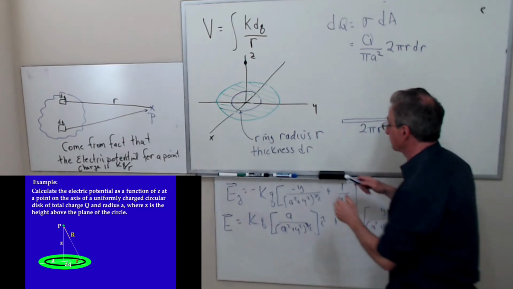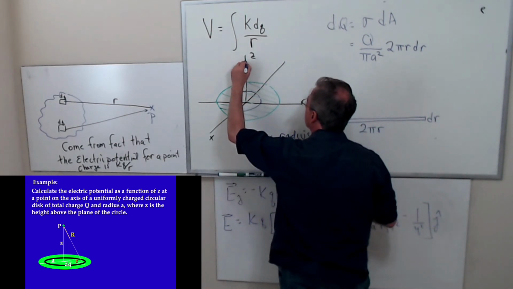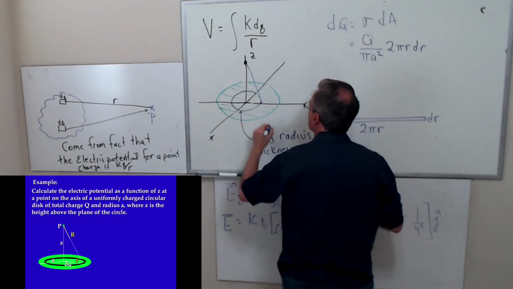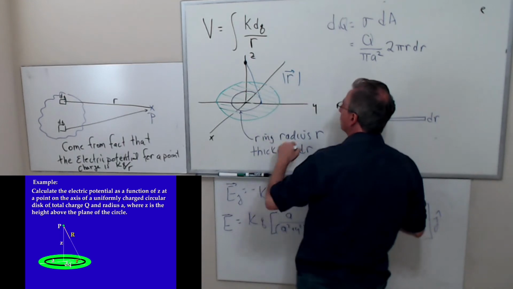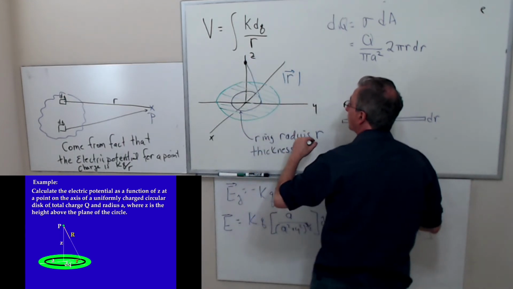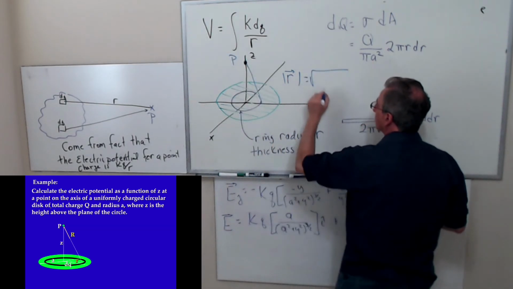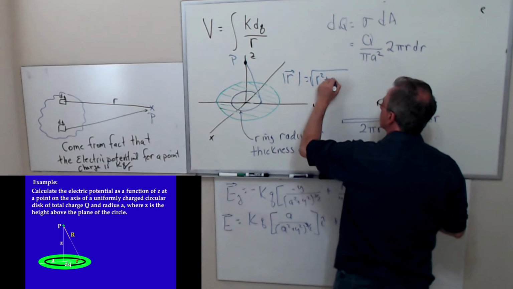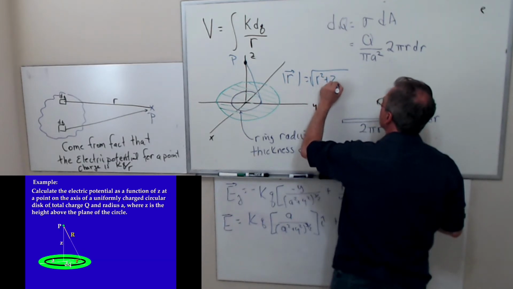Now the question is, what is the distance from point P to the ring? R, which is the magnitude of the vector that goes from here on the disk to the point P, is going to be the square root of r squared plus z squared.